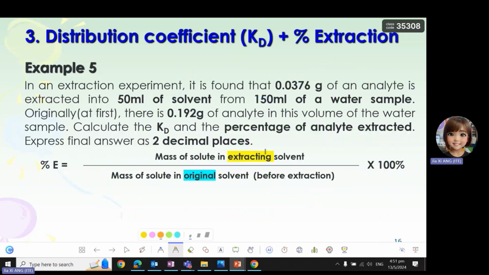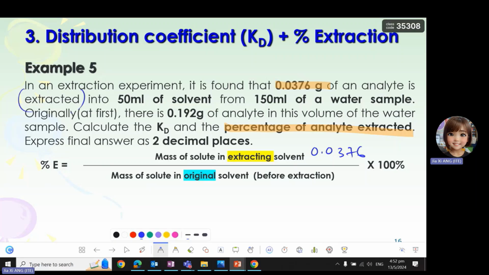Next, let's move on to part 2 of the question. Part 2 wants us to find the percentage of analyte extracted. Now, based on the equation, percentage extraction equals the mass of solute in the extracting solvent. In the extracting solvent, we found that there are 0.0376 gram of analyte.